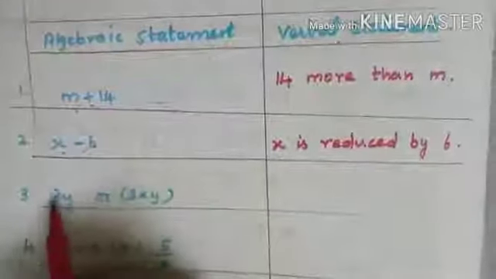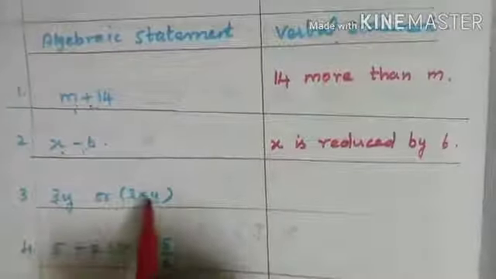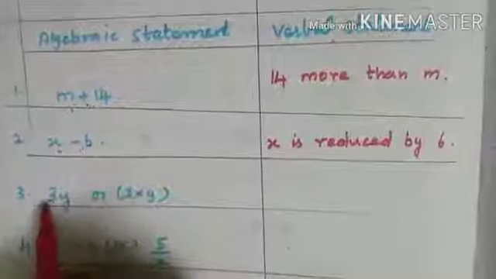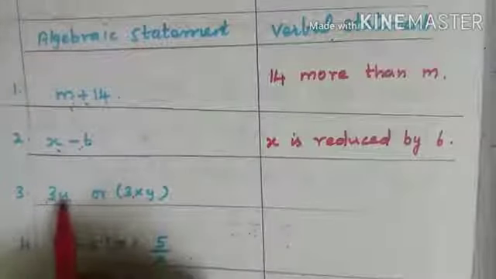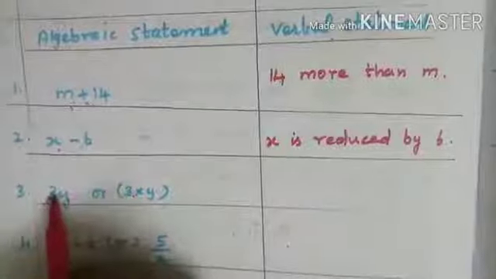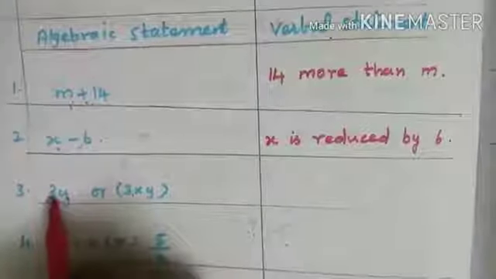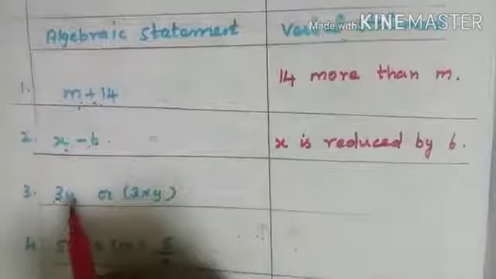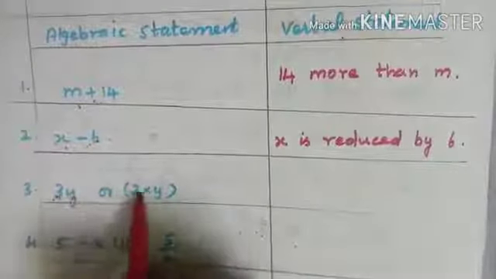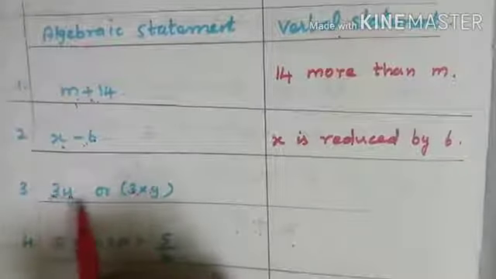Next you see 3y or 3 into y. If there is no symbol between a number and the variable, we have to assume there is a multiplication symbol. Therefore 3y is 3 into y. So what is the answer?